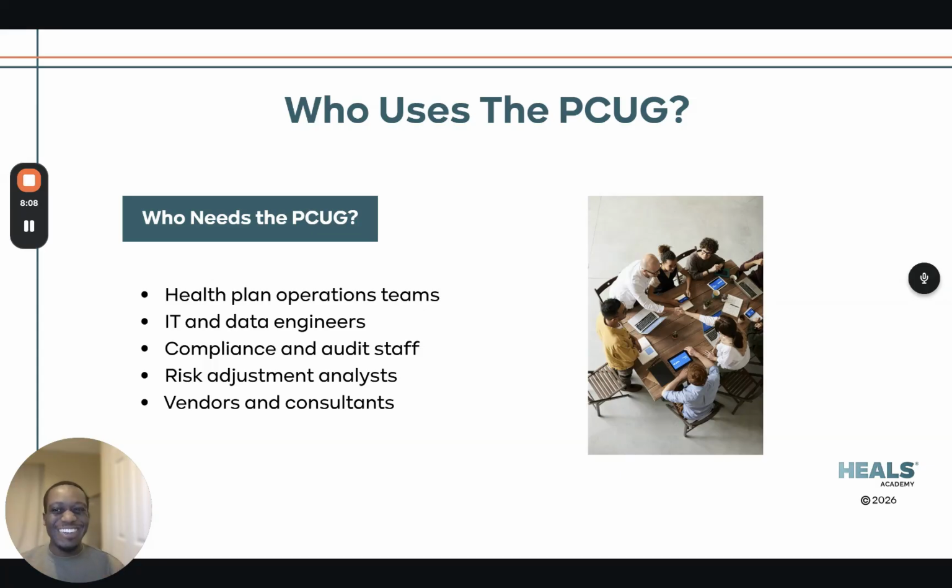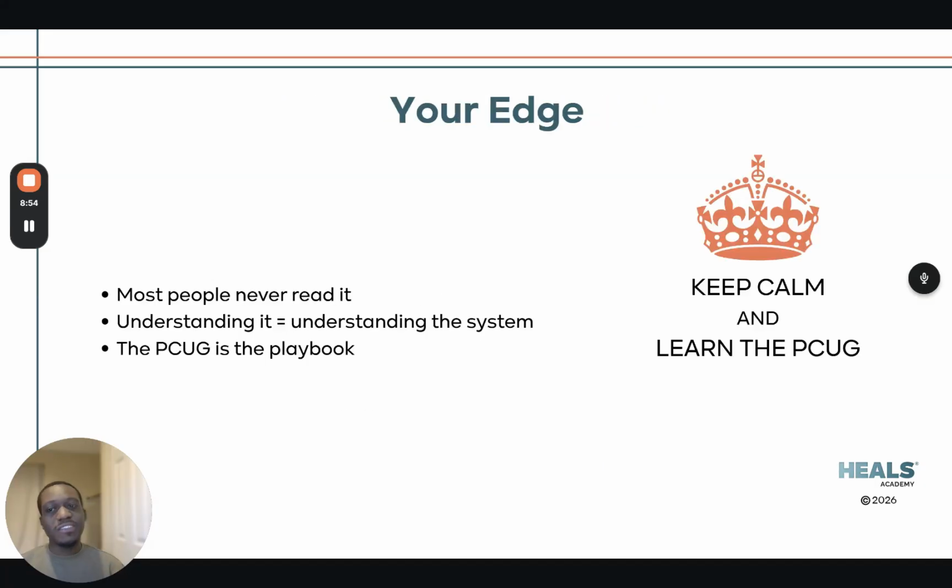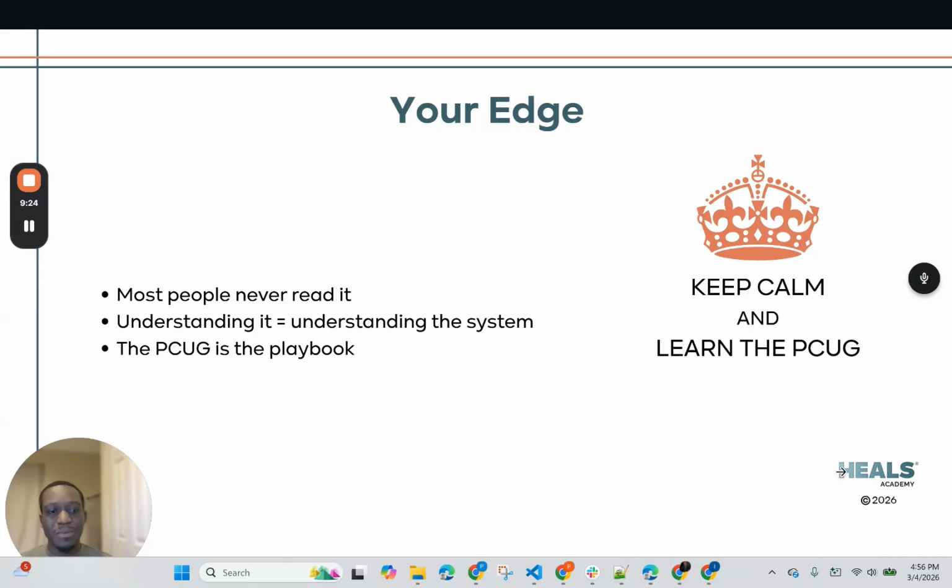Your edge is that most people never read it. So if you take time and keep calm and understand the PCUG, you better understand the Medicare Advantage and prescription drug system. The PCUG is the playbook that can make you smart within the space.